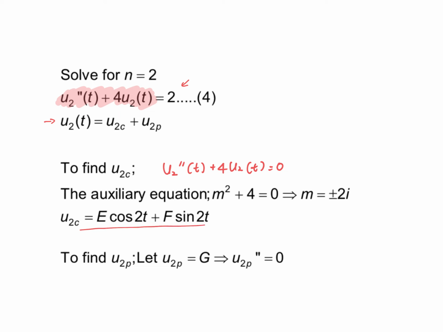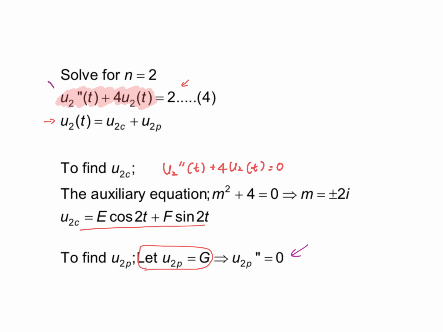In order to find the u2p, we must let this one be equal to G. We need to do the same thing as before. We need to differentiate with respect to t. So when we differentiate with respect to t, we will get u2p double prime equal to 0.